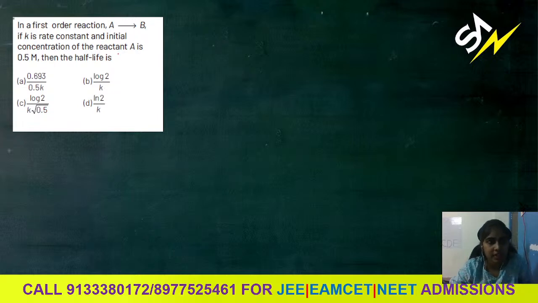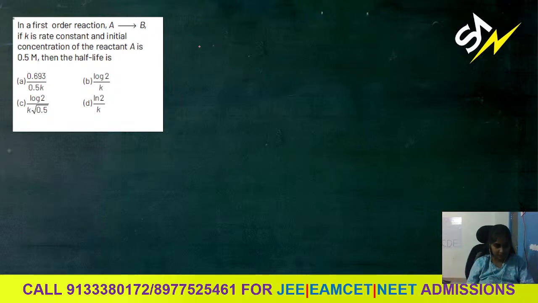And next question, in a first order reaction, that is from A to B, if K is the rate constant and initial concentration of the reactant A is 0.5 molar, then its half-life is. So understand the question. In a first order reaction, the reaction is from A to B where K is the rate constant.